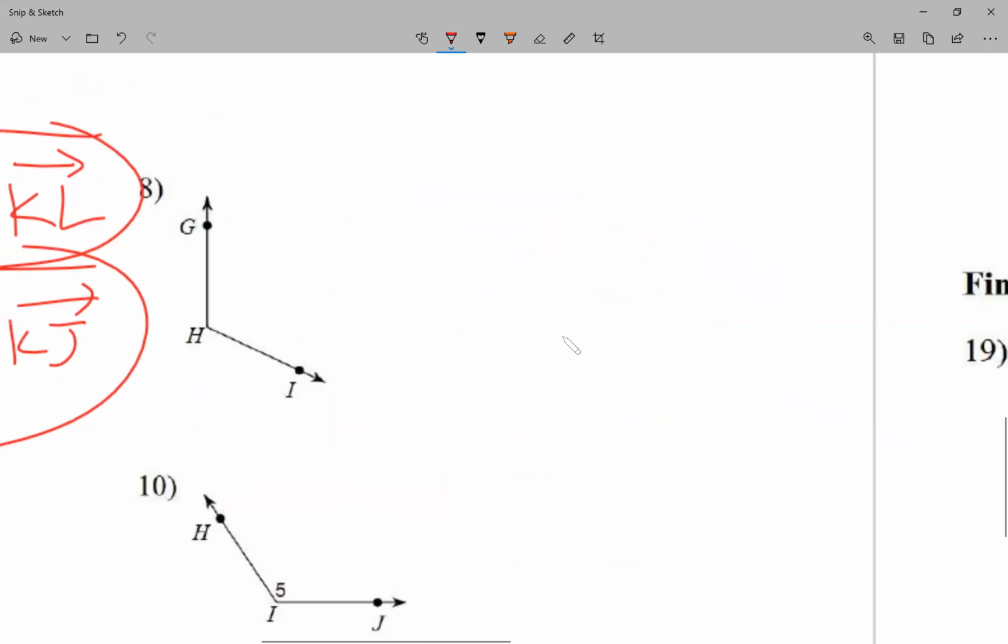Let's take a look at question number 8. The vertex in this case is the point H. Remember we learned last week when we label a point, we just use a letter. Now the two sides are going to be two rays starting at the vertex. One of them is going to be the ray HG. Again, I'm starting from the vertex.